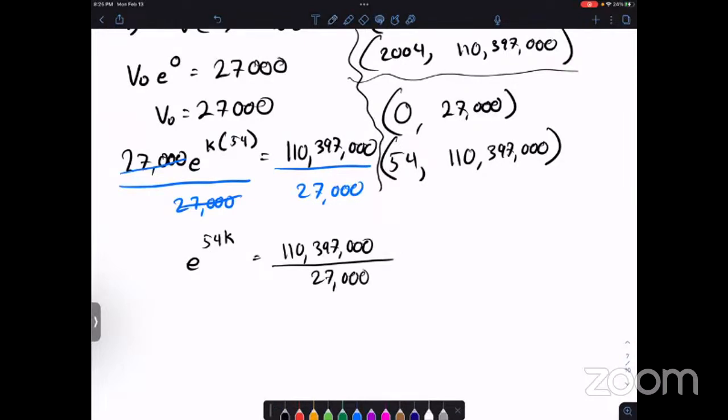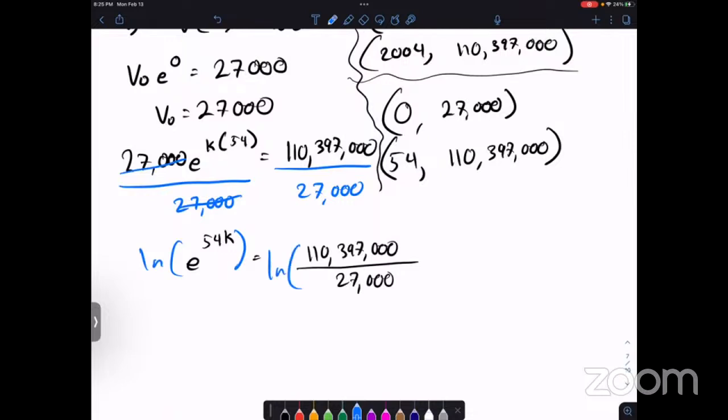You kind of have to ignore these ridiculous numbers and just do what you know to be right. If we take the log on both sides, the log cancels the E, which allows the exponent to come down. On the left, we have 54K. On the right, we just have the natural log of 110,397,000 over 27,000. Hopefully I'm not missing any digits.